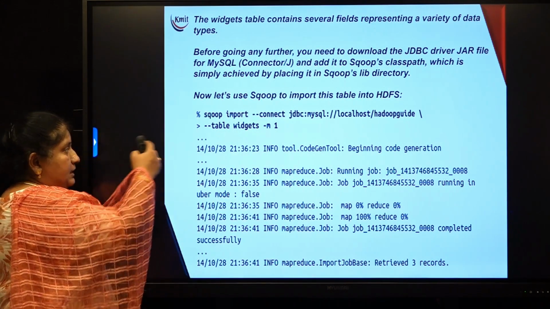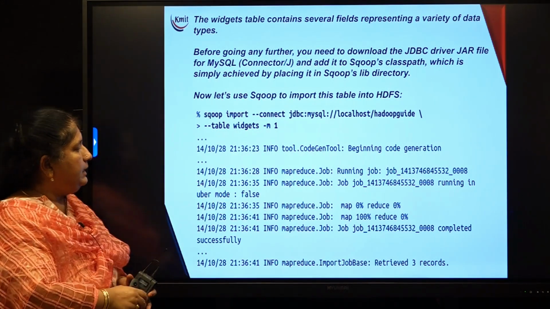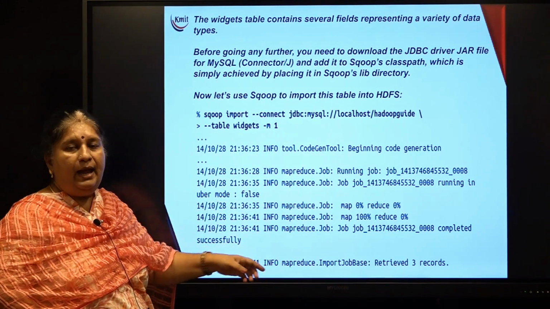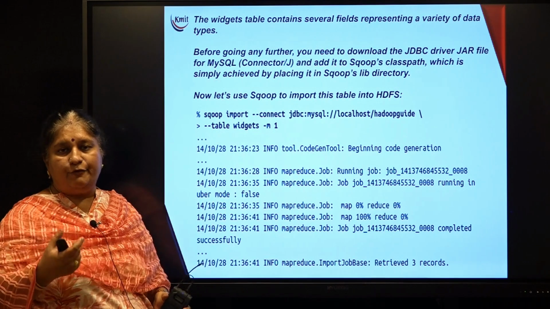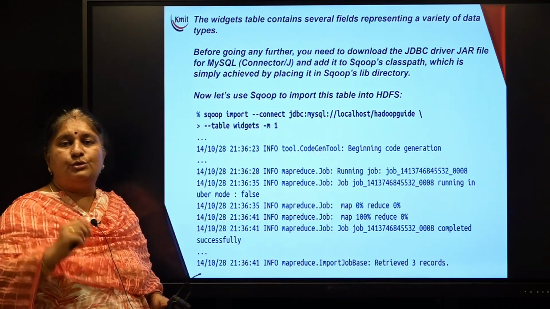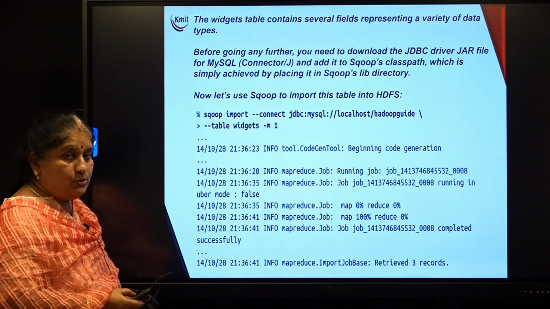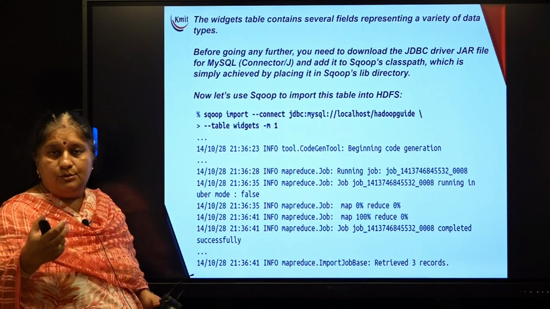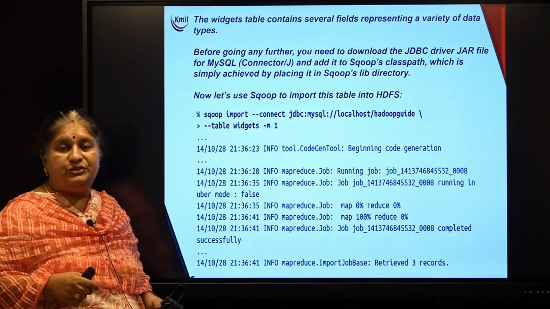We just gave a command, and automatically Sqoop internally runs a MapReduce job and takes the data from the widgets table, puts it in a file and stores it in HDFS. So what exactly happened? The data from a MySQL store has come into HDFS.